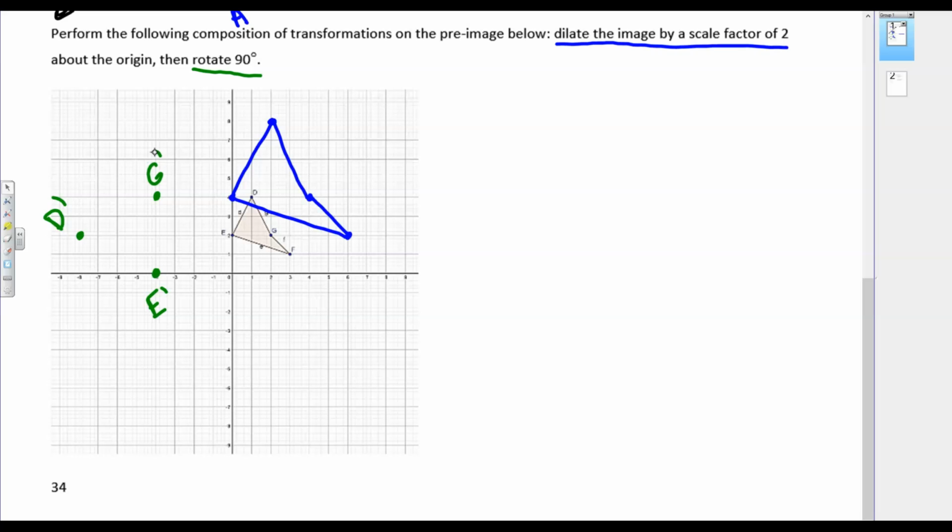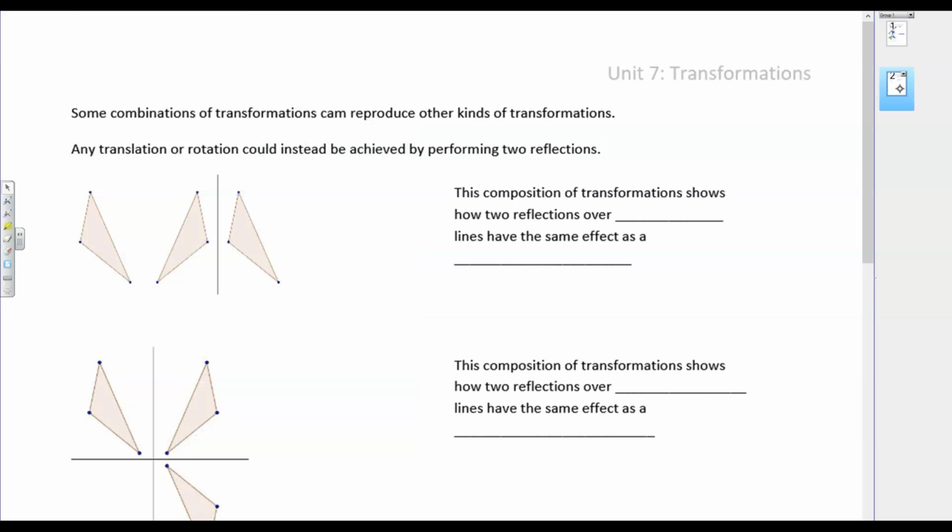And then the point 6, 2 will become the point -2, 6. Right here will be F prime. And we connect our points to make that kind of funky looking image. So there we go. That is our composition of transformations. We had a dilation and then a rotation.